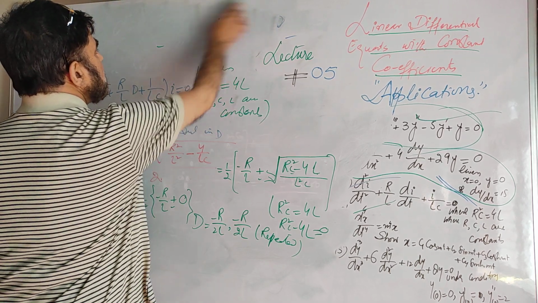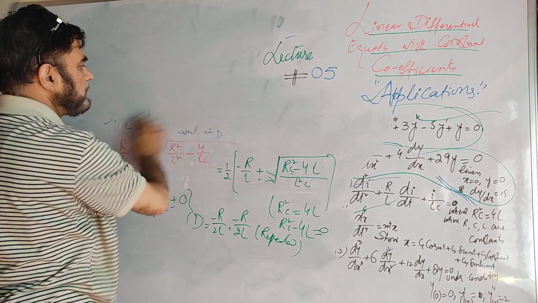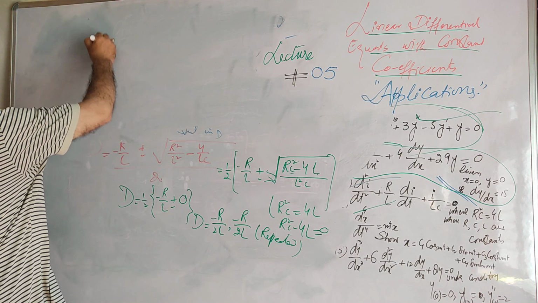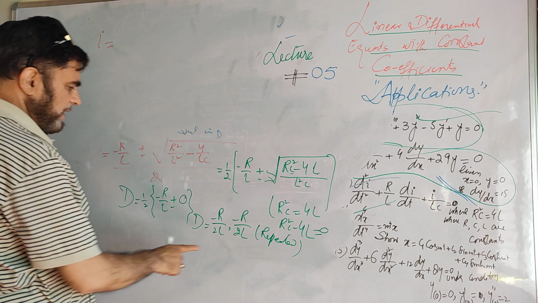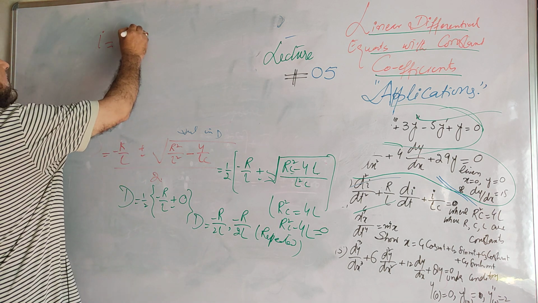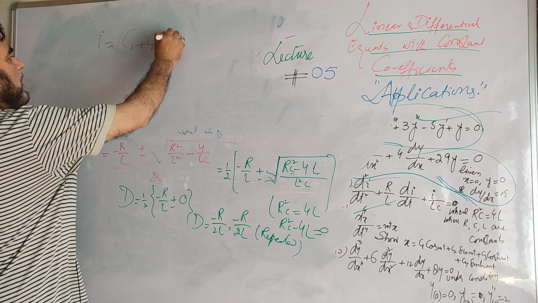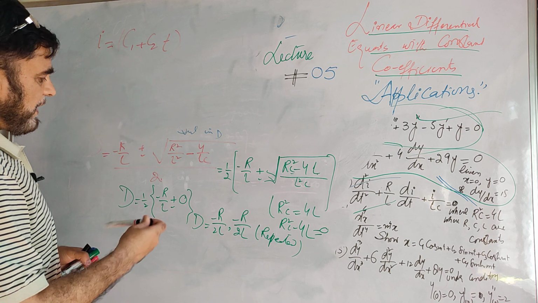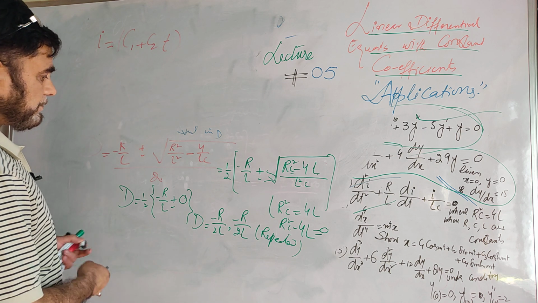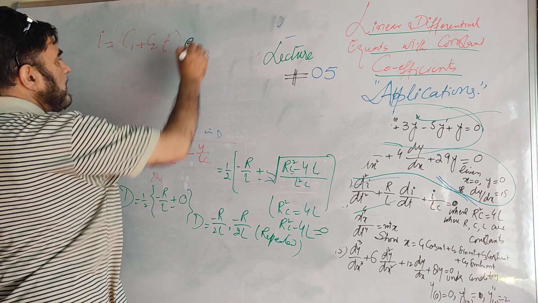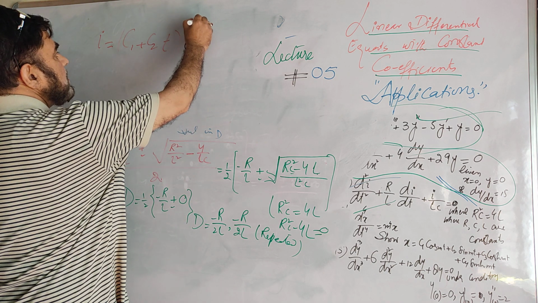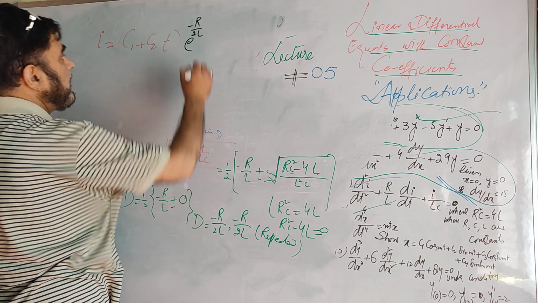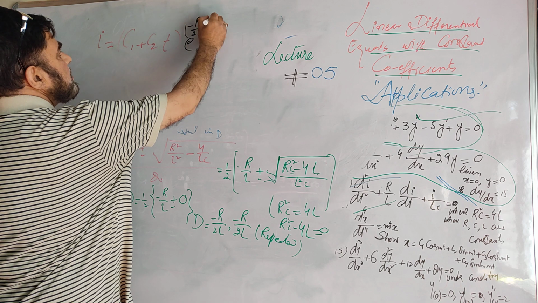The dependent variable is I. So the solution will be I equal to, for a repeated root, c1 plus c2 t, since you have independent variable t, then e raised to power minus r by 2l t.